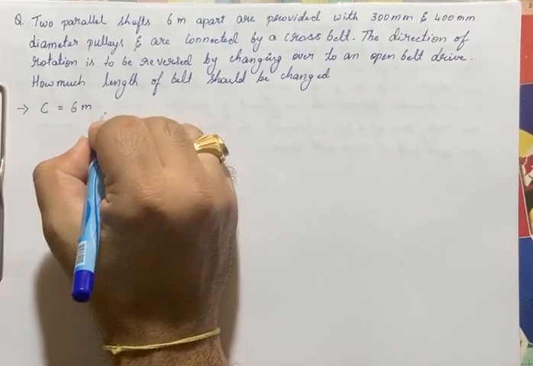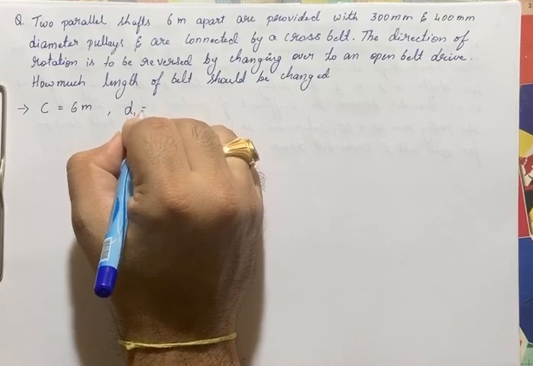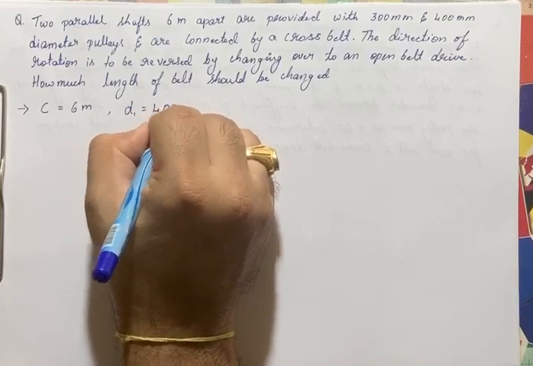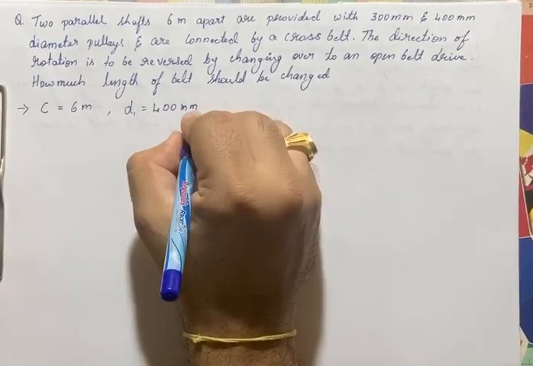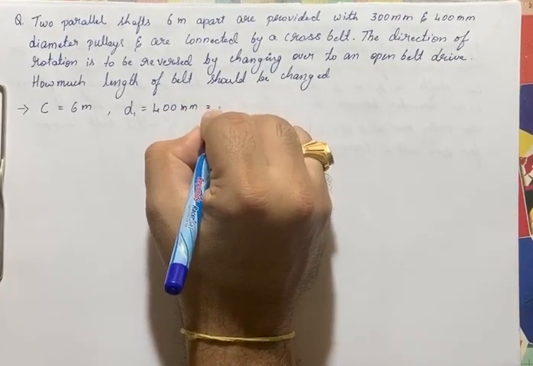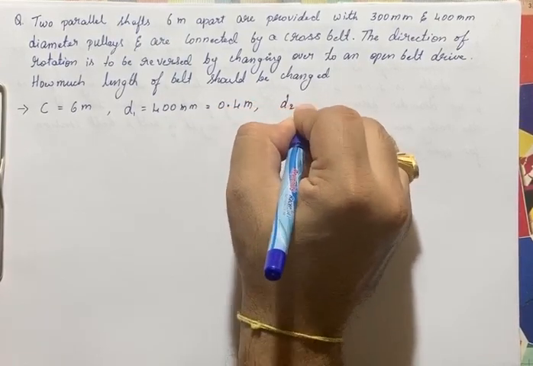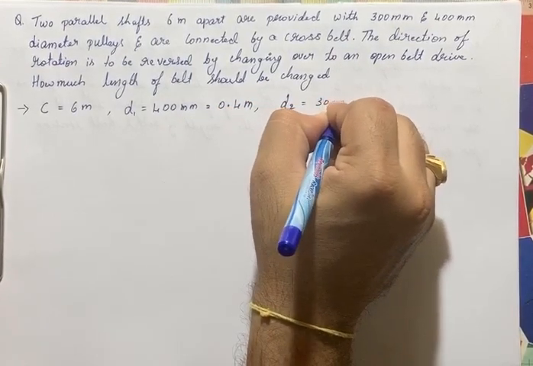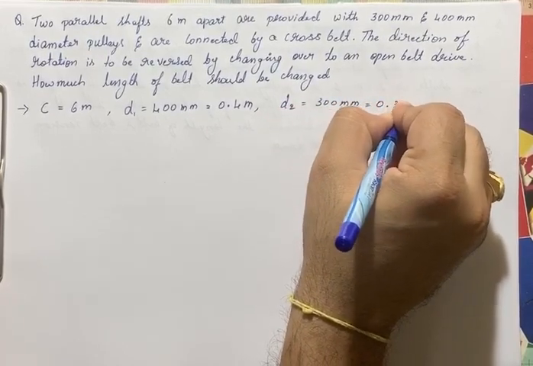Here always choose D1 as the larger diameter. I'll say why when we write the formula. So D1 is 400 mm, that is 0.4 meter. Similarly, D2 is 300 mm, it is nothing but 0.3 meter.